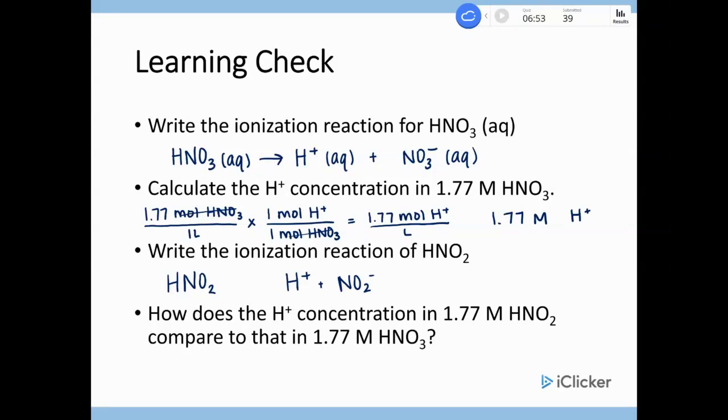This is not on our list of strong acids, so it does not completely dissociate. We need that equilibrium arrow here. So if you don't have the equilibrium arrow, erase what you wrote and add in the equilibrium arrow. That's important for weak acids and bases, because when this is added to solutions, some of it produces H plus and NO2 minus, but most of it is still HNO2.